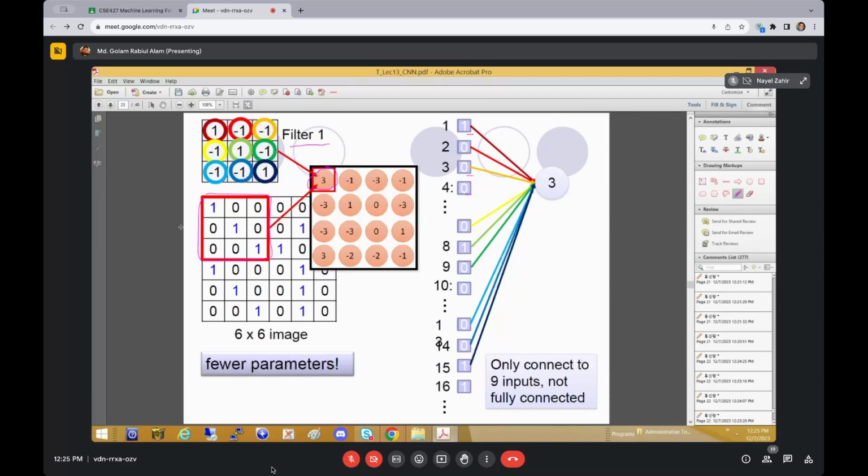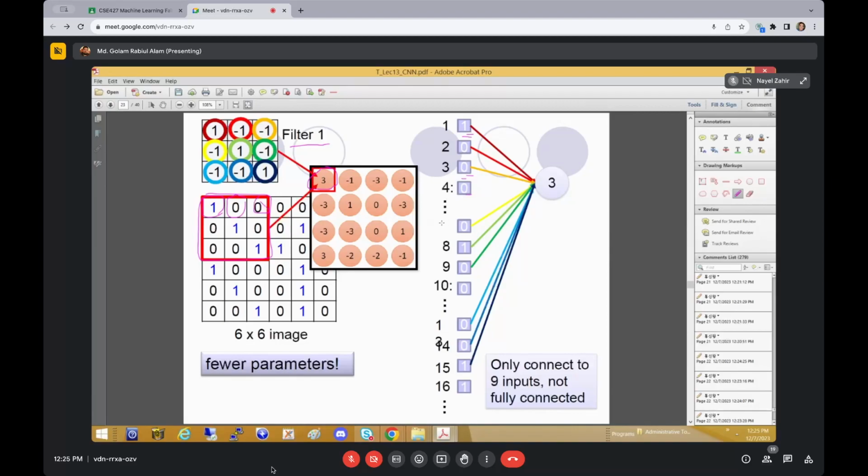So we can see 1, 0, 0, and the fourth position is also 0.